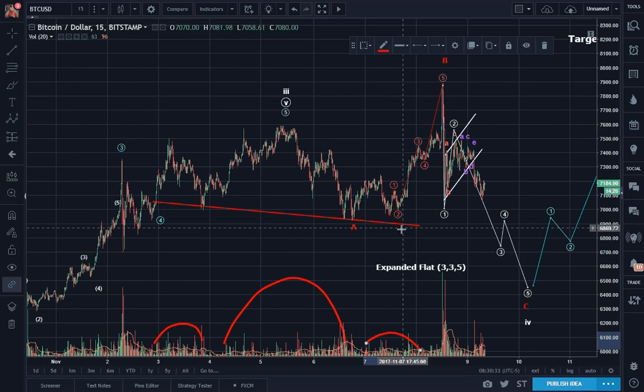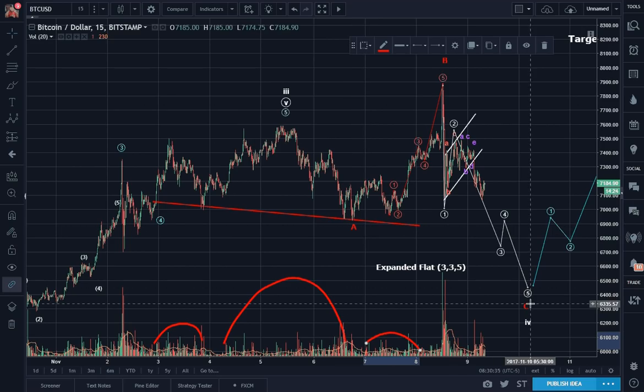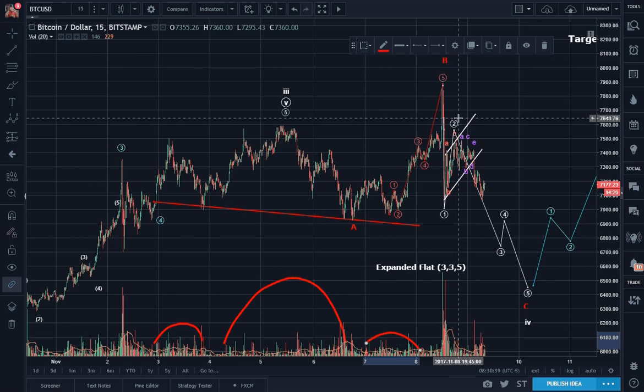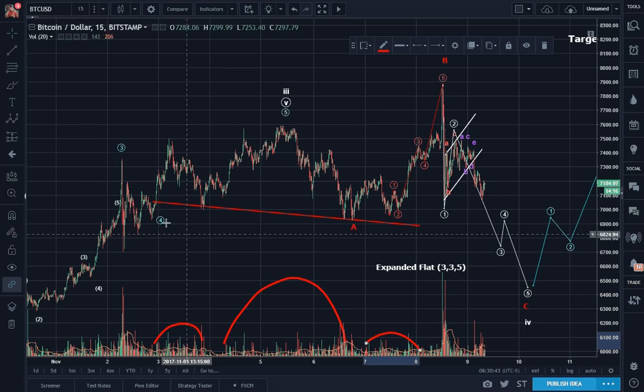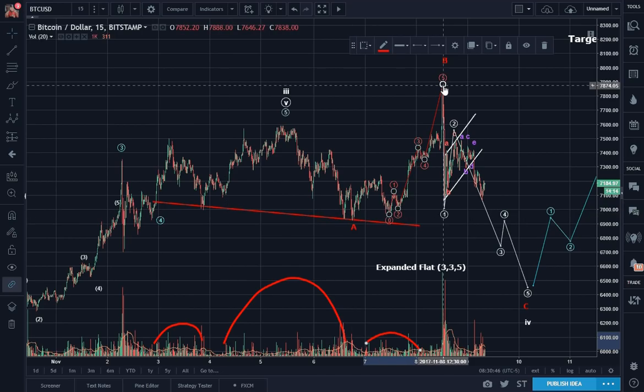The other reason is because of the expanded flat, and this bearish flag. So you can say, yeah, but it still went down. Yes, true. But from a technical point of view, this was invalidated as it is anyway by this.